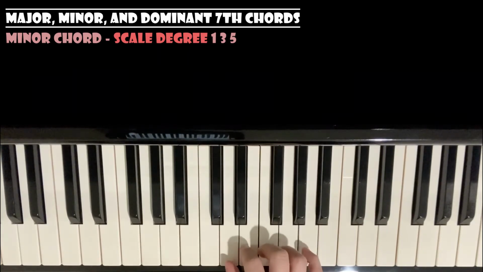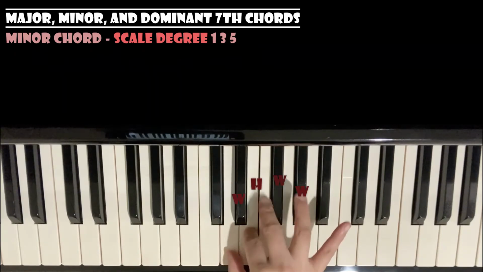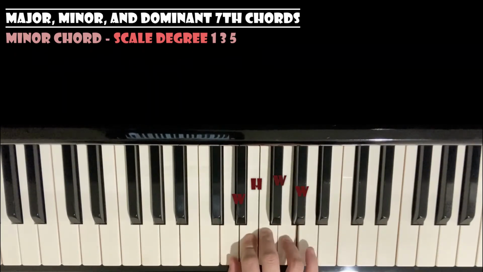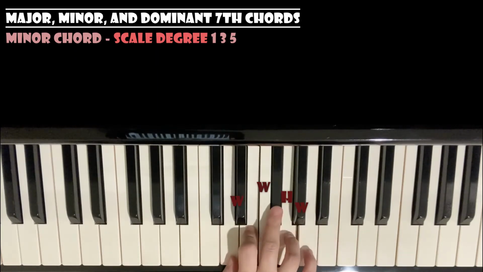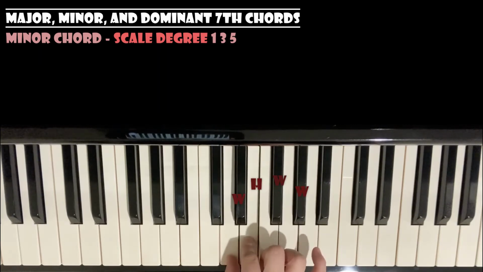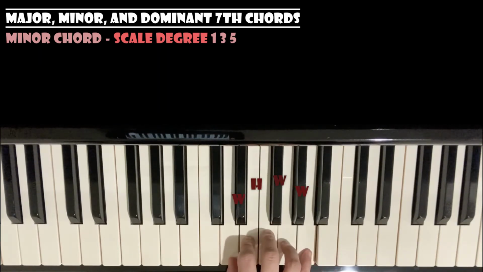Okay. So as we learned, major has whole step, half step, whole step. Minor, whole step, half step, whole step. So find these 5-finger scales and then you play 1, 3, 5.